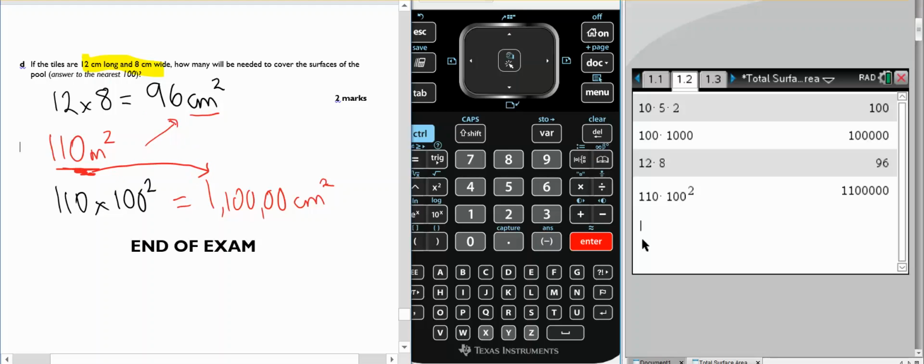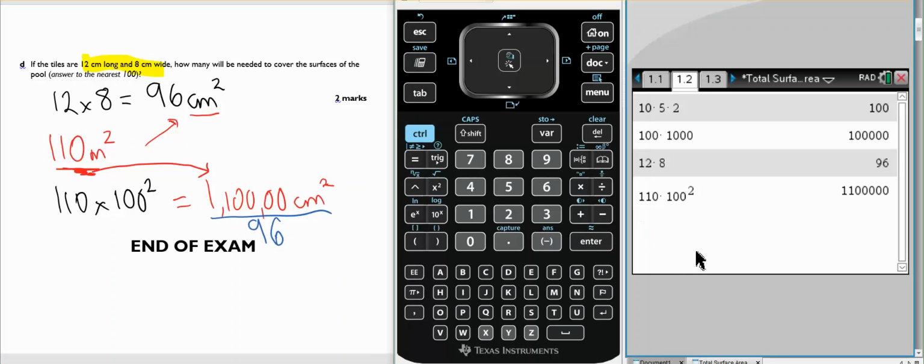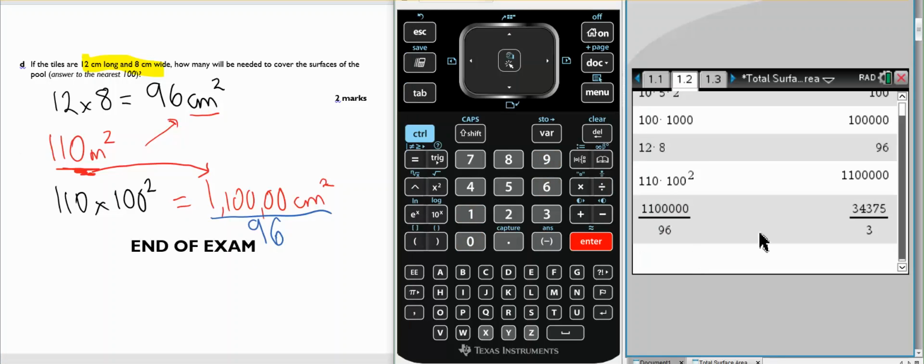We know that each tile is 96, so from here, all we have to do is go 1,100,000 divided by 96, and let's do that on the calculator. 1,100,000 divided by 96 equals this answer here, and obviously we need that in a decimal.